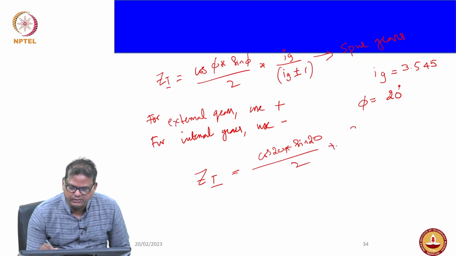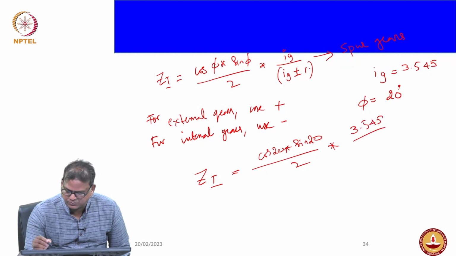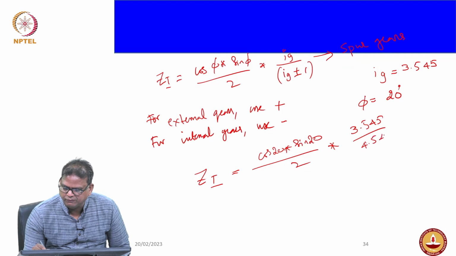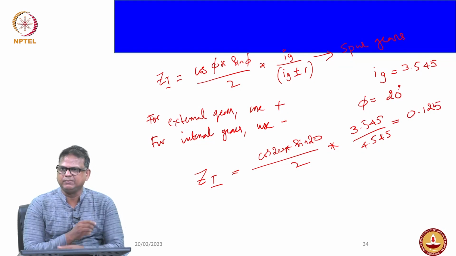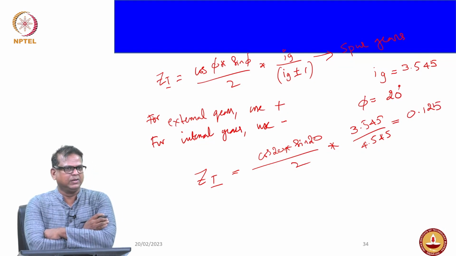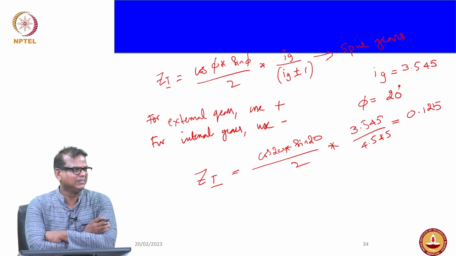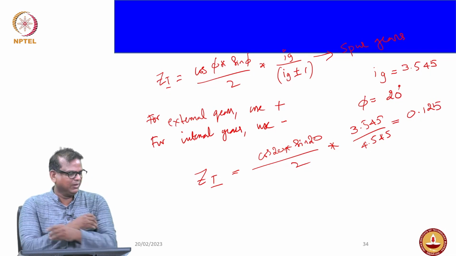This is 3 into again into 3.545 by Ig plus 1, 4.545. So, I think it should come 0.125. This is the value you should expect. Is it coming? Right? Yes, coming 0.125. Well done.